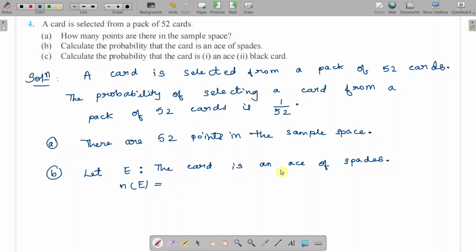So there is only one card which is the ace of spade, right? Only one element will be there, and therefore the probability of E is nothing but the number of elements in E divided by the number of elements in S. So that is nothing but 1 by 52, right? Because the number of elements in E is 1 and the number of elements in S is 52, right? That is the probability.